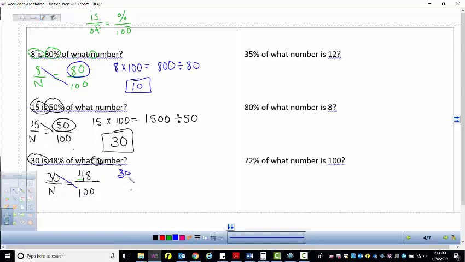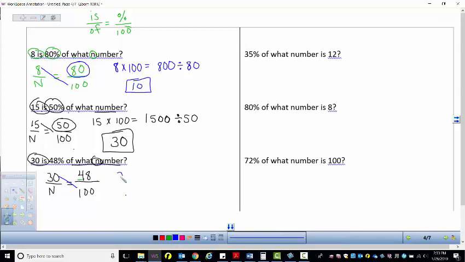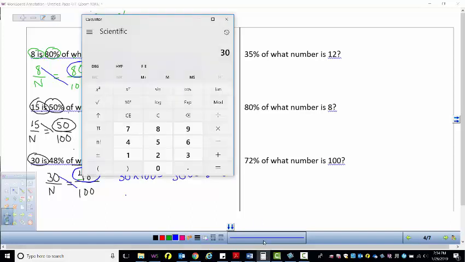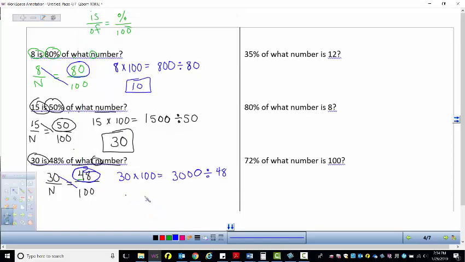We take 30 times 100, and I know that that is 3,000. And then I have to divide it by the 48. So I go to my calculator and I take 3,000 divided by 48, and I get 62.5 for my answer, my number.